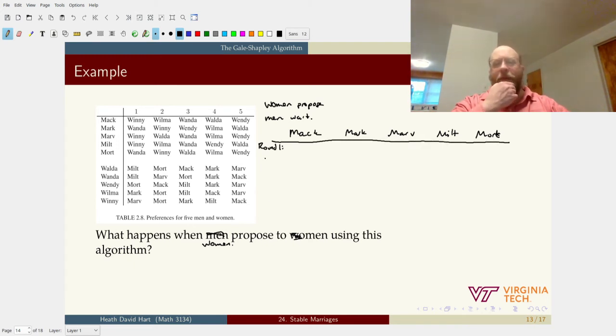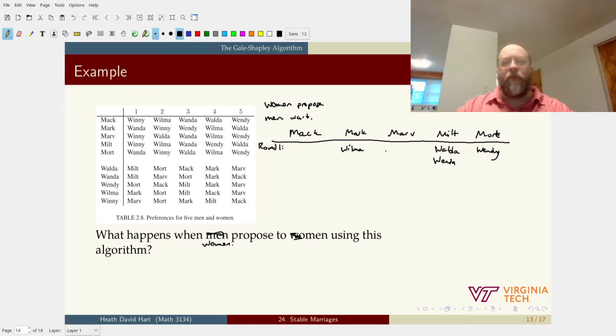This time, the women line up behind their first choices. So Walda approaches Milt. Wanda approaches Milt. Wendy approaches Mort. Wilma approaches Mark.